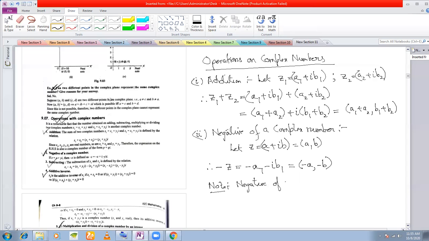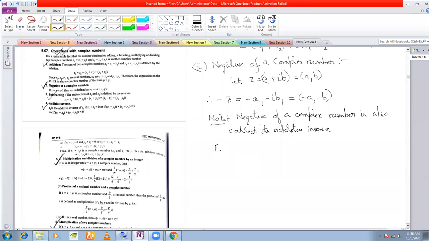The negative of a complex number is also called its additive inverse. Suppose I ask, what is the additive inverse of 2 minus 3i?